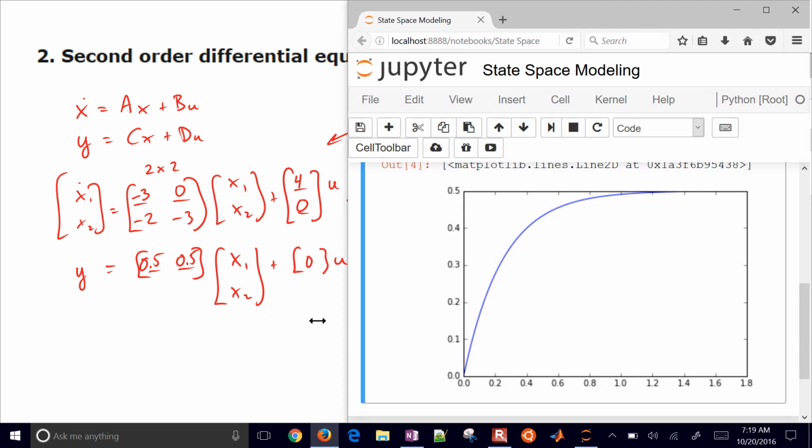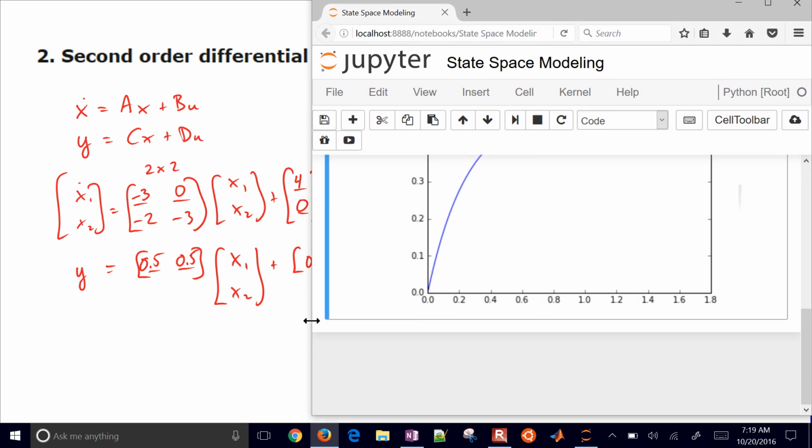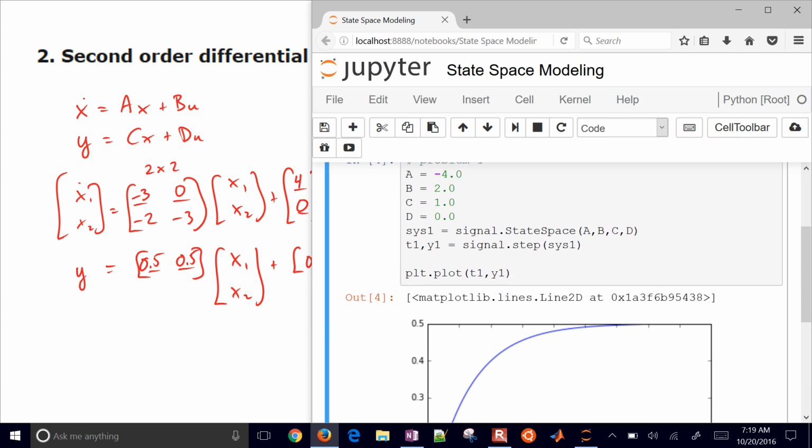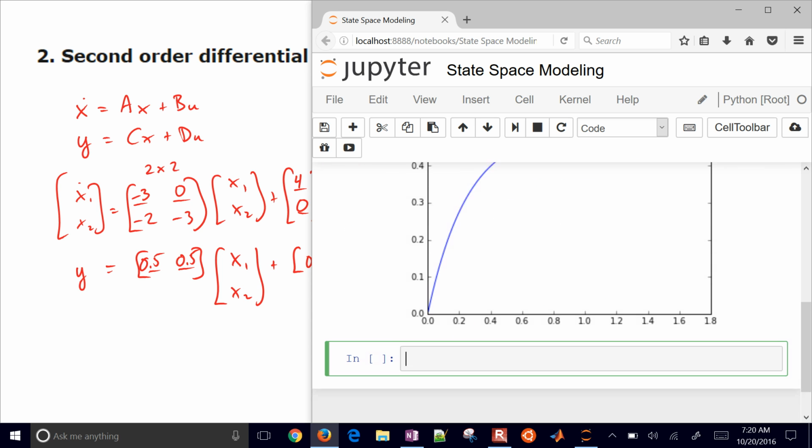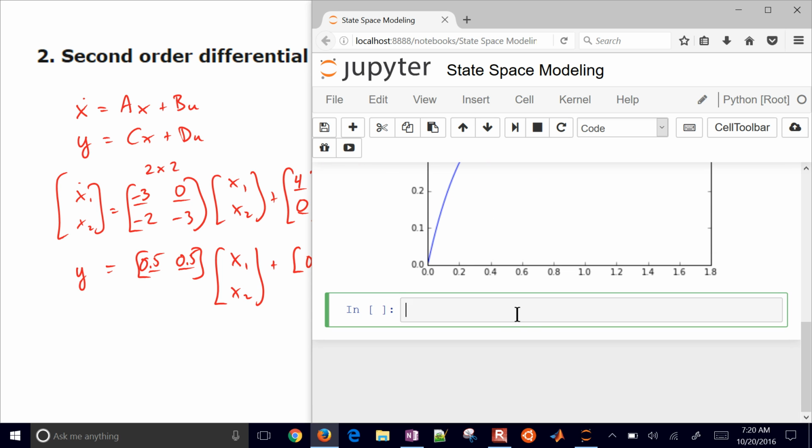Let me go ahead and go back here, and let's go ahead and simulate this one as well. So let's create a new cell down below. I have A is going to be equal to, now if you want to do a matrix in Python with different rows, you're just going to have these square brackets separated by a comma.